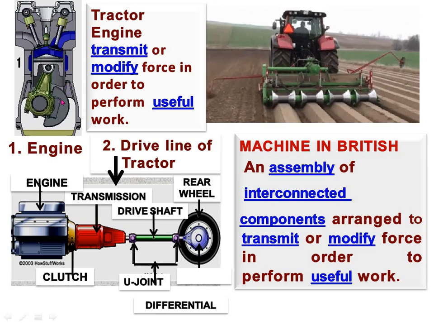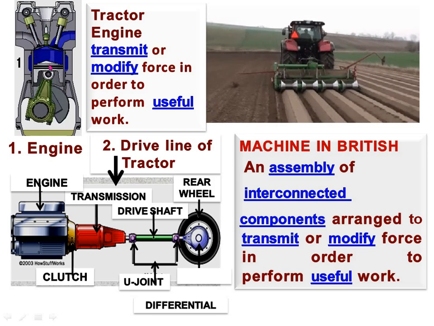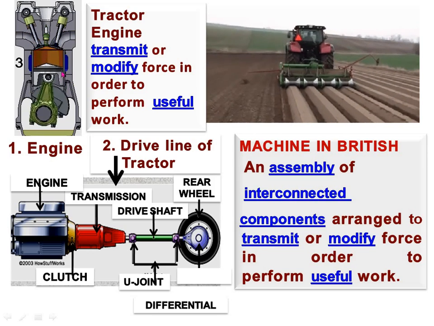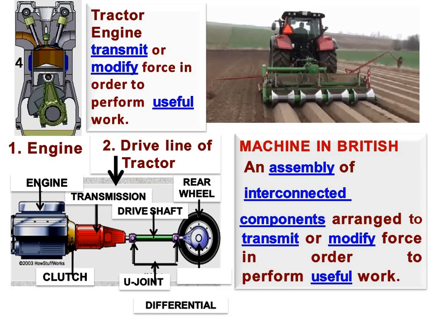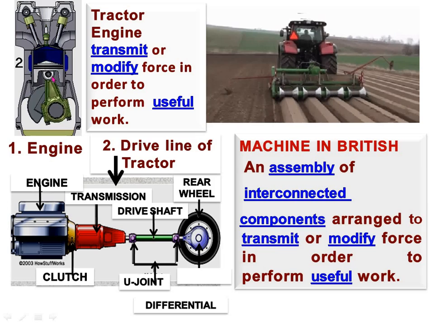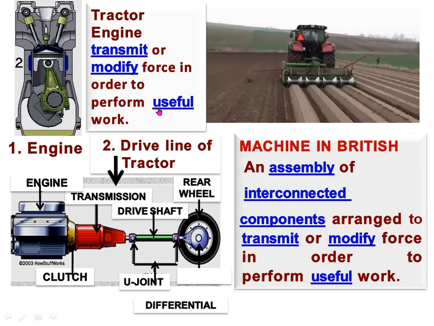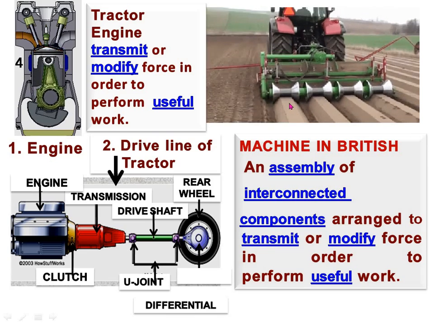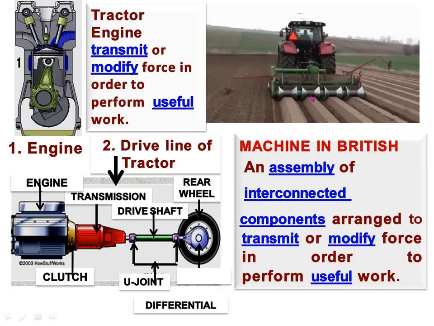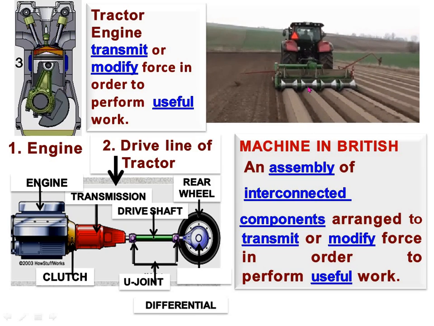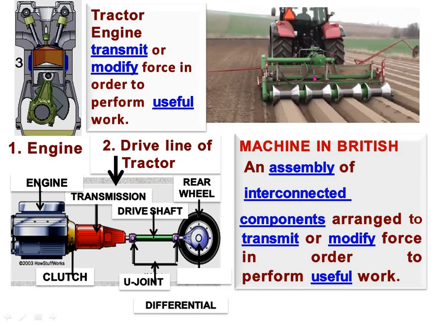Suppose here you can see that this is the engine. We may say this is the tractor engine. This tractor engine is meant to transmit the force or power that has been generated within the engine, and it has transmitted and modified to perform useful work. Suppose we are making seed bed by suitable implements using this tractor power.